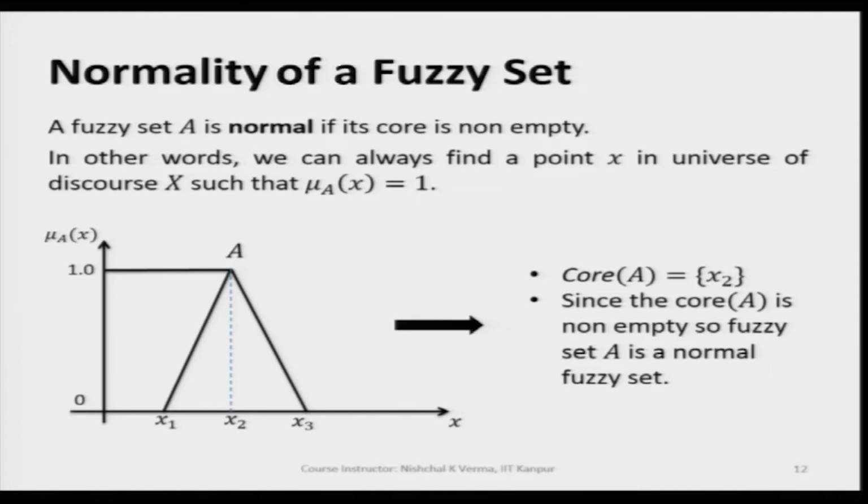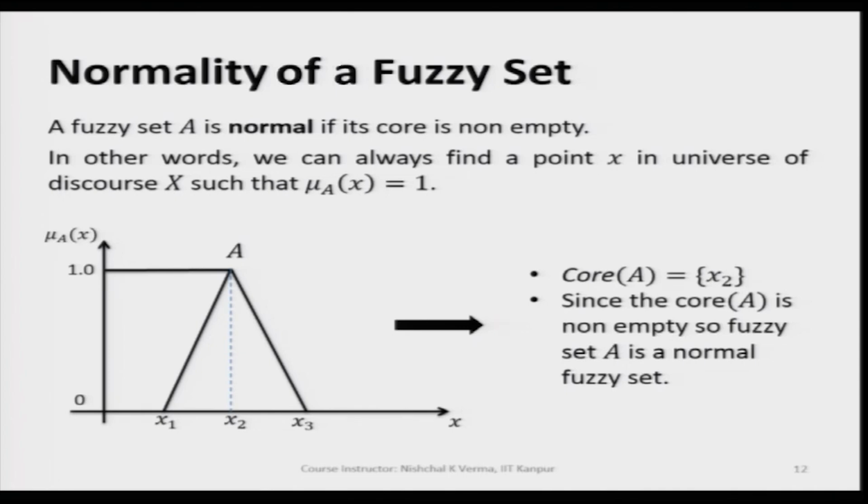So, if a fuzzy set A has at least one generic variable value for which the corresponding membership value is 1, or in other words, if the height of a fuzzy set can go up to 1, the fuzzy set will be a normal fuzzy set.